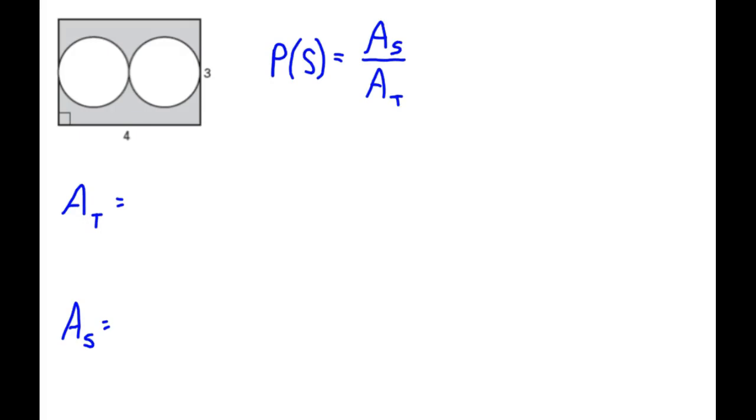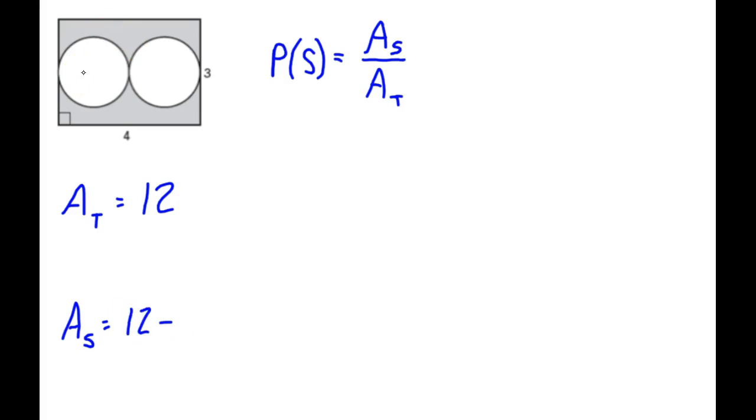Now to the last example, finding the probability of randomly selecting a point in the shaded region. First, to find the area of the total, we have a rectangle, which is length times width, so 4 times 3 would give us 12 square units for that total area. Now to find the area of the shaded region, we have to take the total minus the area of the unshaded region, which is represented by both these circles.